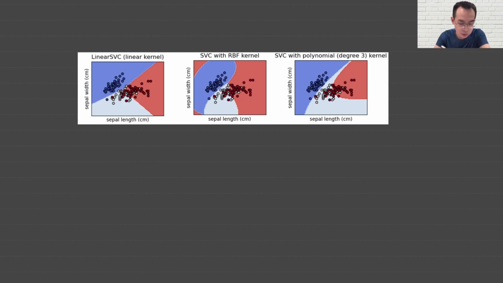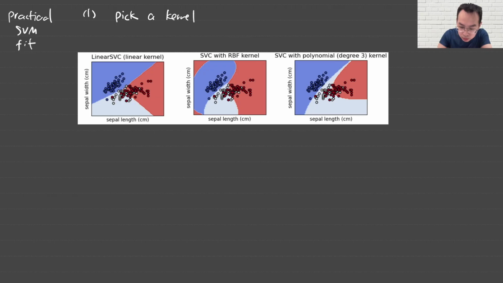So in practice, a practical SVM fit works like this: the first step is to pick a kernel K. Then we use QP, quadratic programming, to solve for alpha.